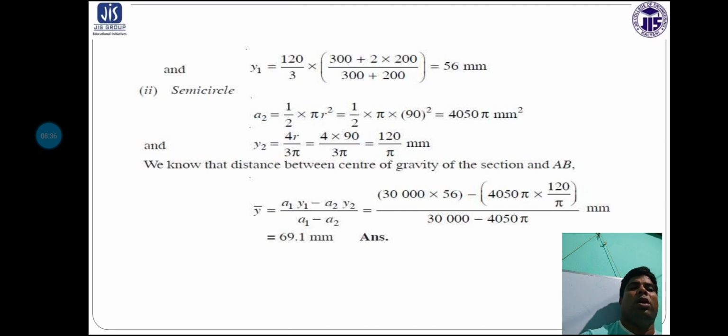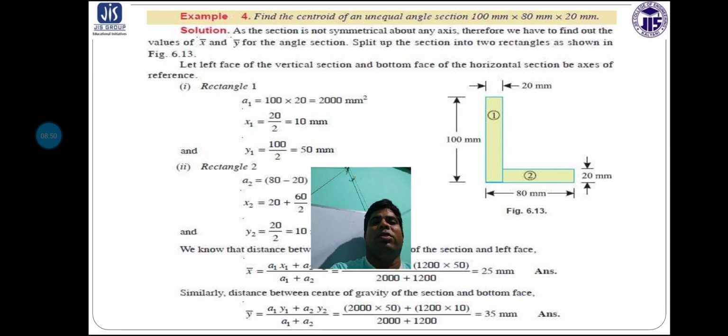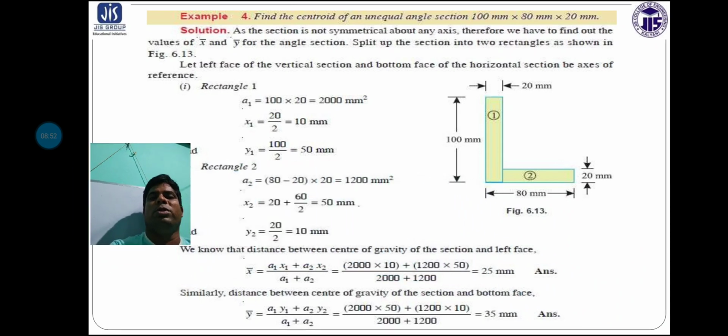Now A1 y1, A2 y2 values, all the values are given in the equations. We can get the result, and that result will be 69.1 millimeter.